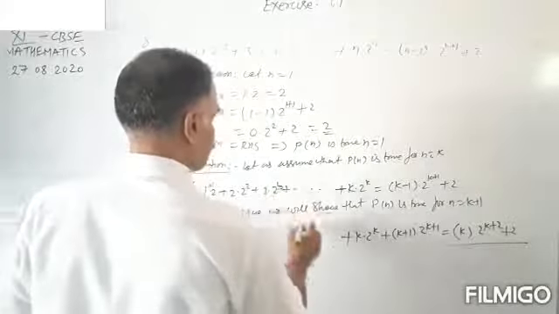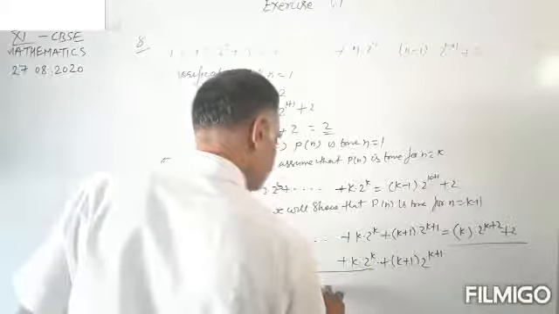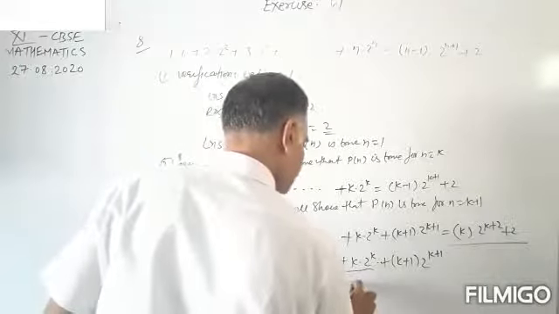Okay, so now using the assumption, from this term to this term up to the kth term we have to write down (k minus 1) 2 to the power k plus 1 plus 2, plus (k plus 1) 2 to the power (k plus 1).